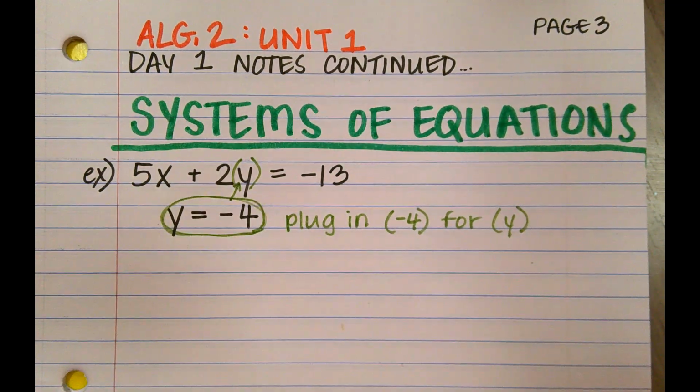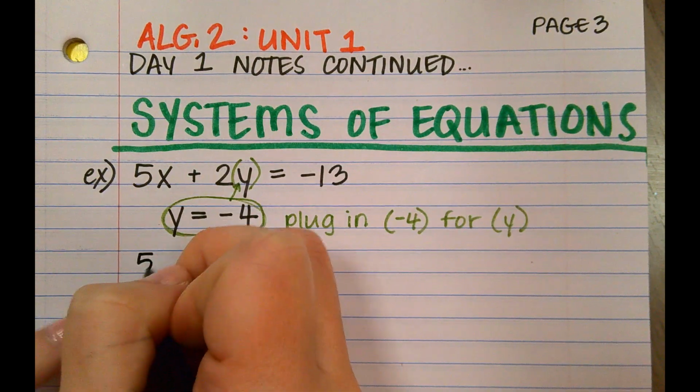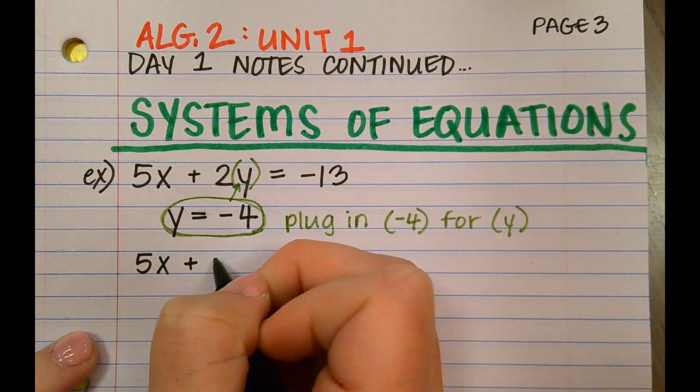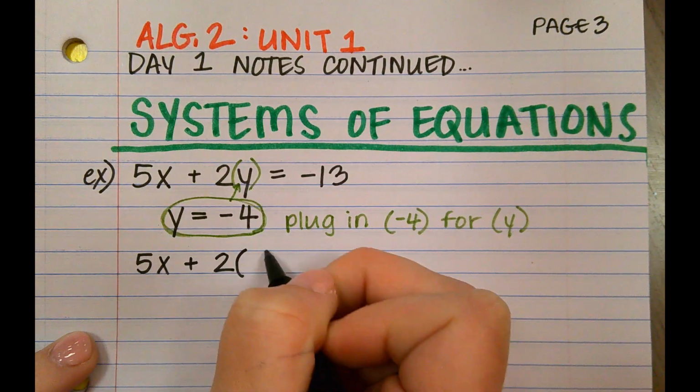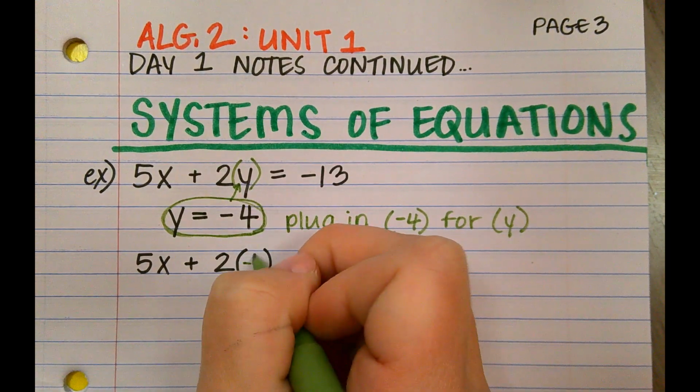So I'm going to rewrite that original equation. But instead of y, we're going to put -4. So I'll bring everything down. 5x plus 2 instead of y, -4.